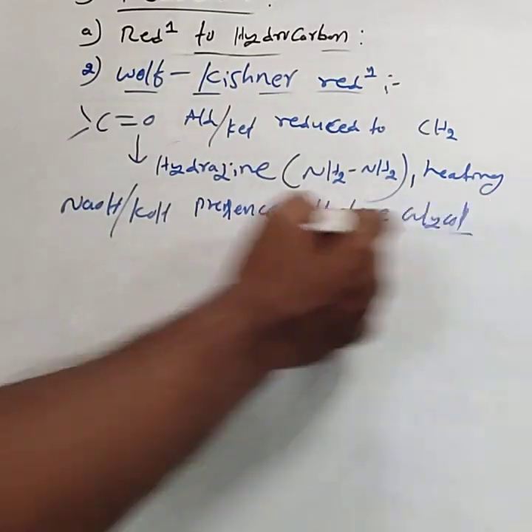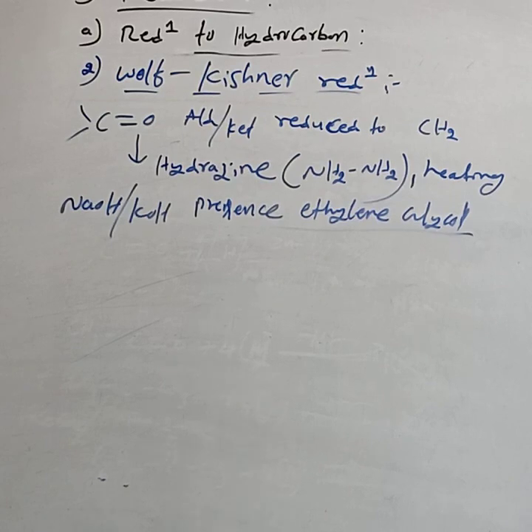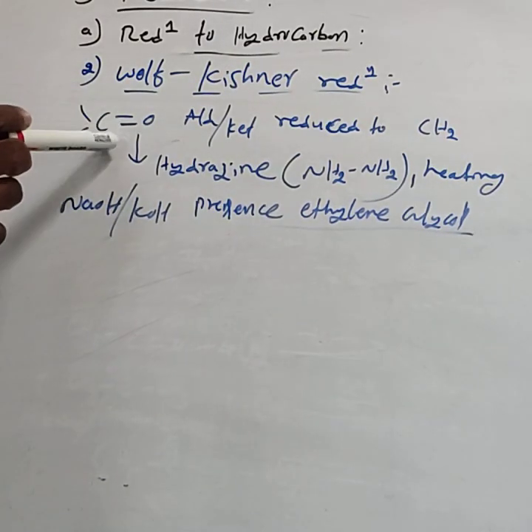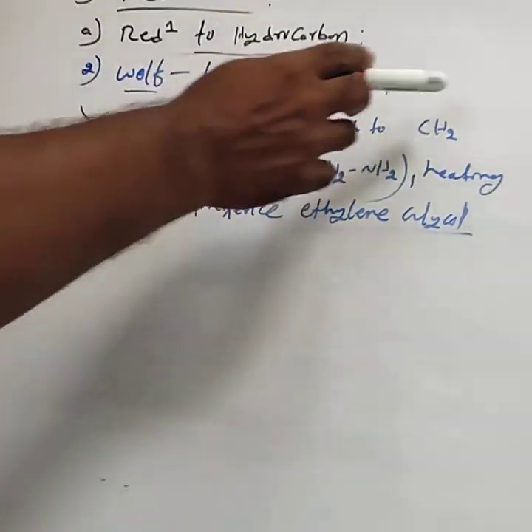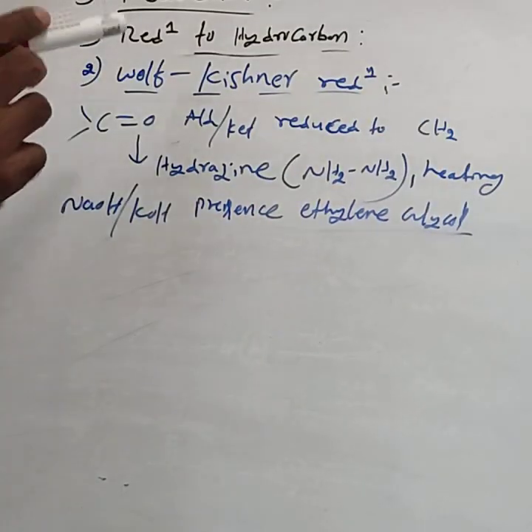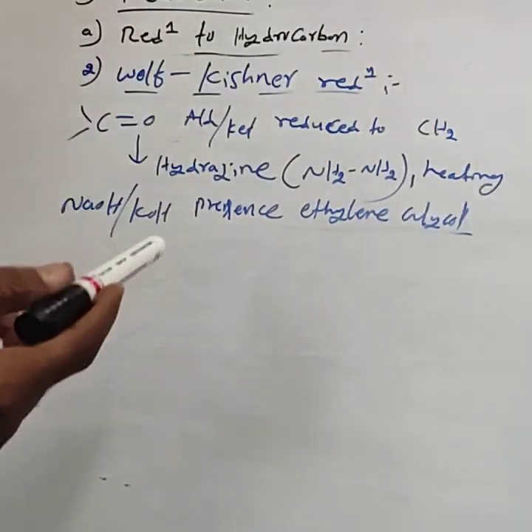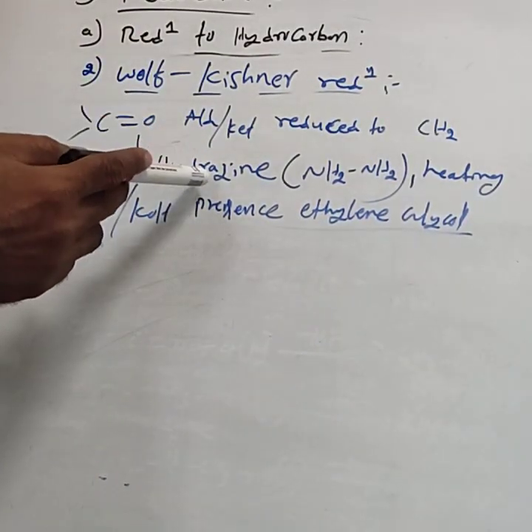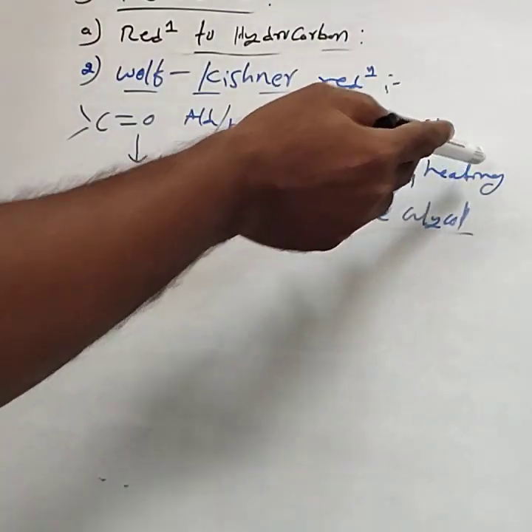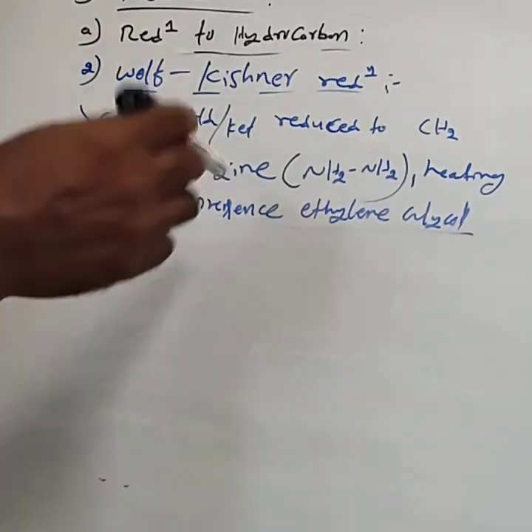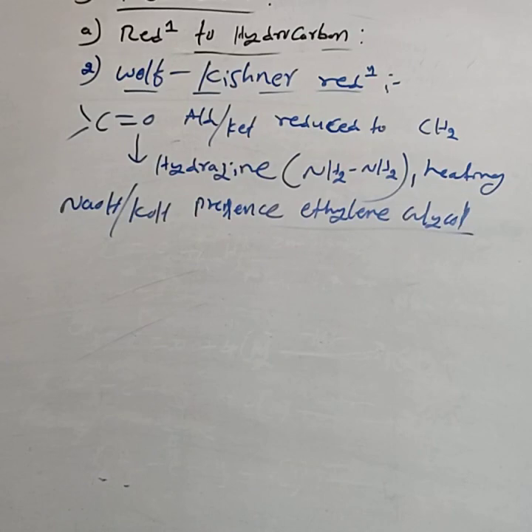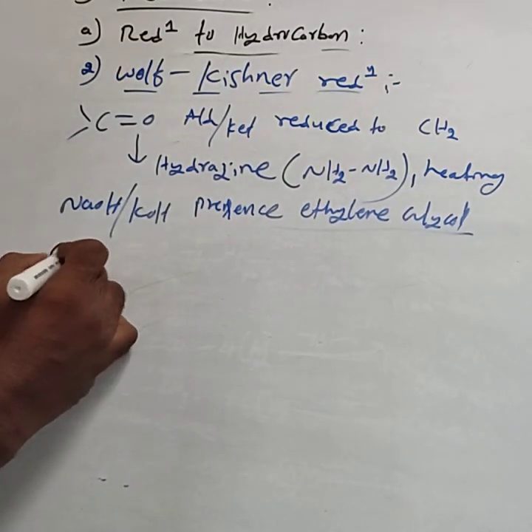This is the reagent used in the Wolff-Kishner reduction. The carbonyl group of aldehyde and ketone is reduced to CH2. In Clemmensen's reduction, we are using zinc amalgam in concentrated HCl. But in Wolff-Kishner reduction, the reagents used are hydrazine followed by heating with NaOH or KOH in the presence of ethylene glycol. You consider the general equation.